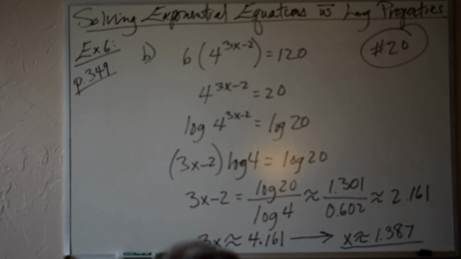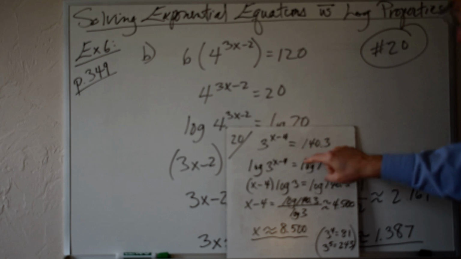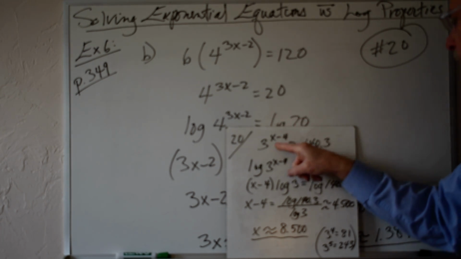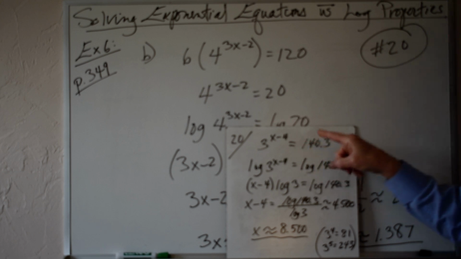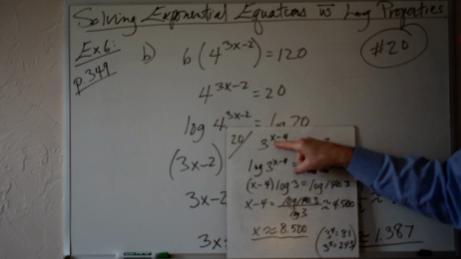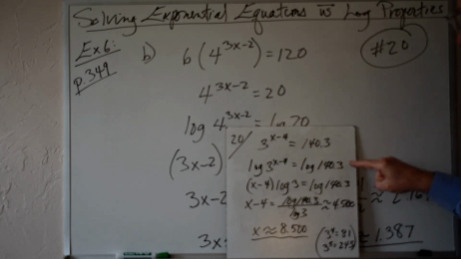Okay, how did you make out with number 20? In this problem, you're given the equation 3 to the power x minus 4 equals 140.3. So what you want to do to get that variable out of the exponent and down into the main expression, take the log of each side.